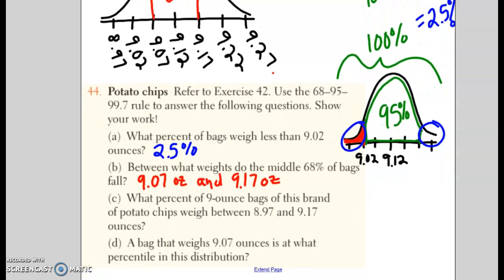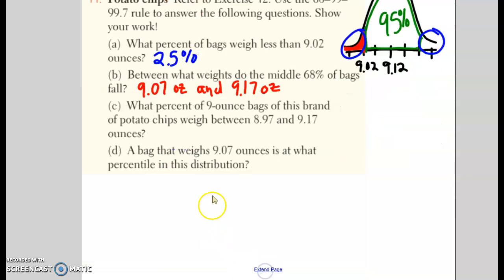In C, what percent of 9-ounce bags of this brand weigh between 8.97 and 9.17? Let me resketch my curve here.